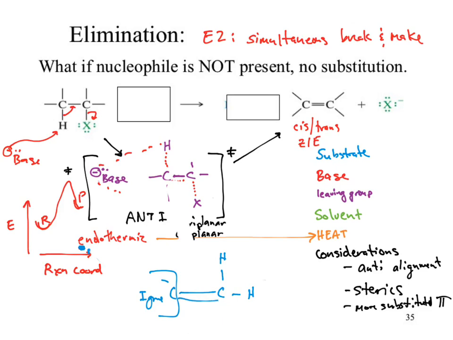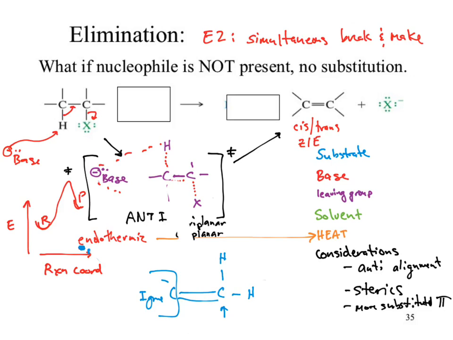There's our pi bond, right? What's the substitution on that carbon? What is substitution? What is the substitution pattern referring to? Non-hydrogens. What is our substitution pattern at that carbon?